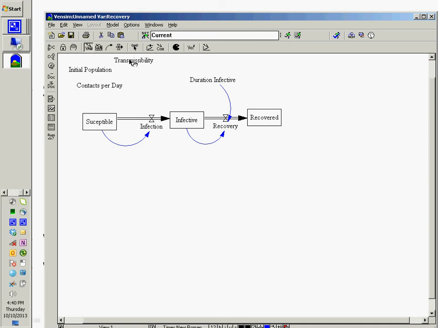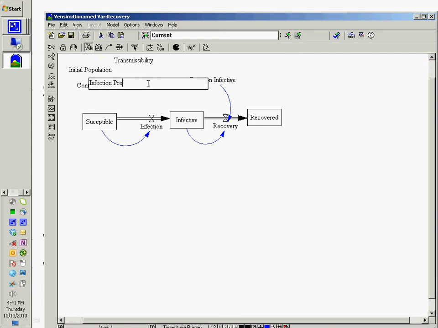Okay, good. Excellent. So we're going to call this, with a nod to tradition, a variable called infection prevalence.